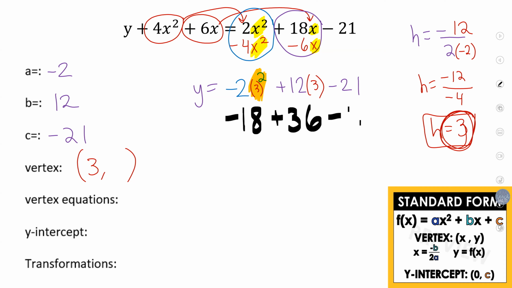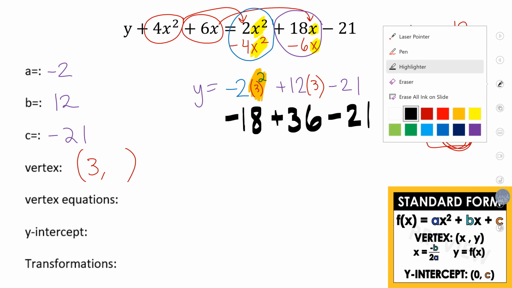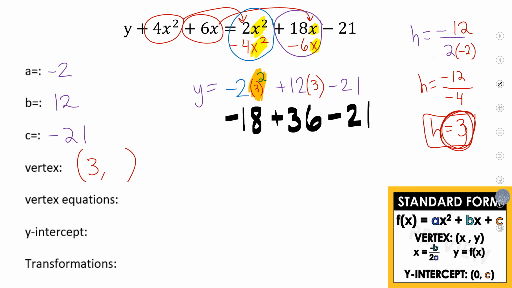Minus 21. Okay, negative 18 plus 36 is just 18. And then 18 minus 21 is negative 3. So the vertex is negative 3, or the K value is negative 3.